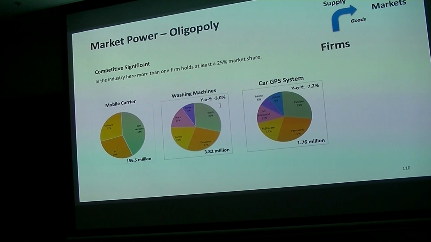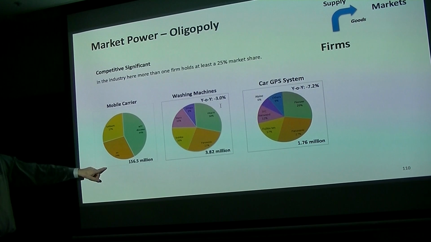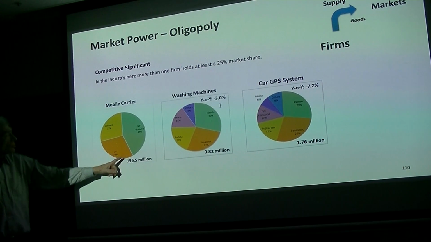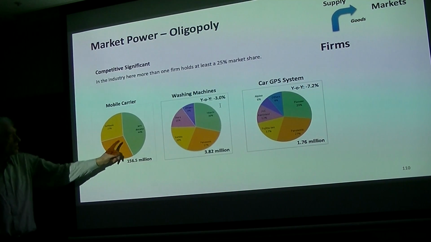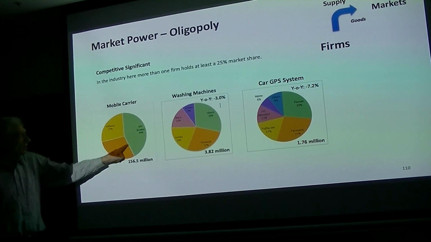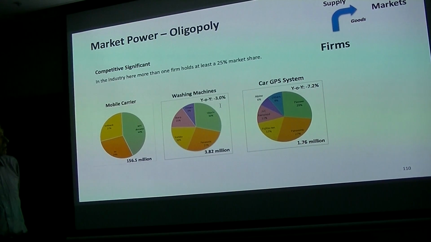Here's competitive significant, where one firm holds at least a 25% market share. Only one firm. Here we have NTT Docomo. This is where more than one firm has a 25% market share. So we have two firms here. The mobile carriers, NTT Docomo. It's all very competitive.